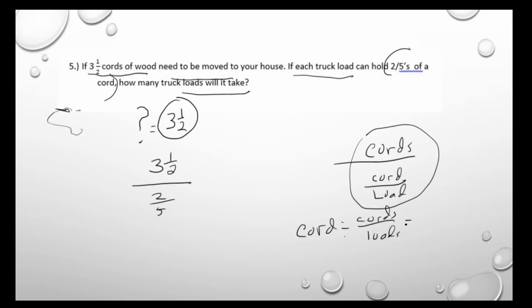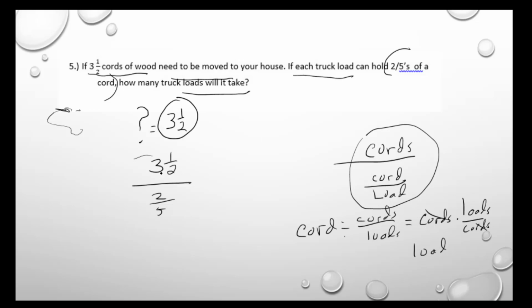That's the same thing as cords times loads per cord. And the cords will cancel and you've got loads. So when you divide, you wind up multiplying by the inverse, which is true with what's going on here.